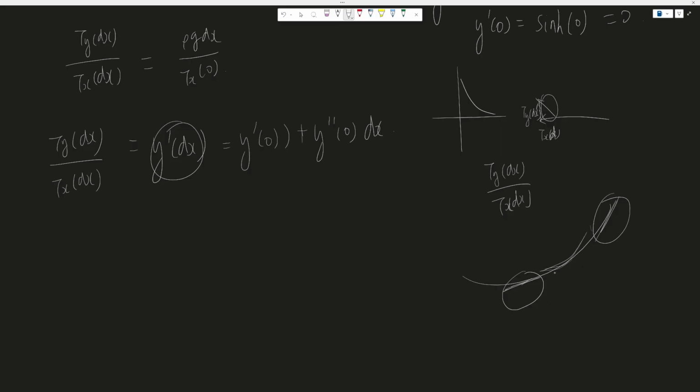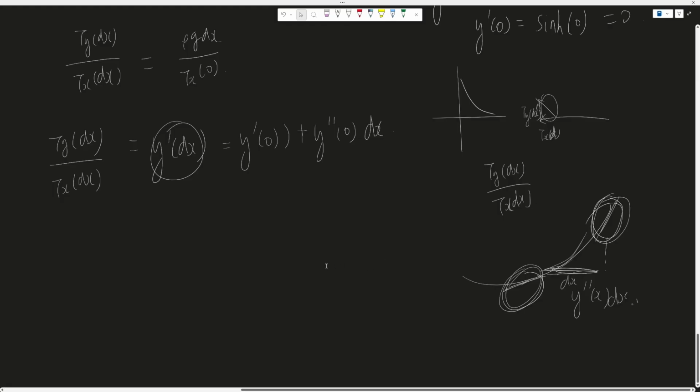So how much the slope changes over here plus the original slope, we get the slope of this part. So what measures how much a slope changes? The second derivative, right? And then how much is this? This is dx. So this length here is times dx. And so basically y prime of dx is y prime of 0 plus y double prime of 0 dx. This is really like the Euler method for approximations. So you can also search it up if you're interested in learning.